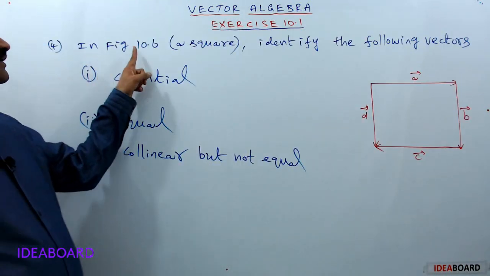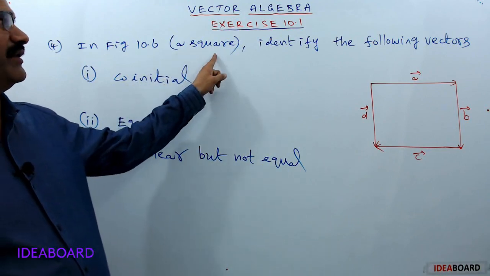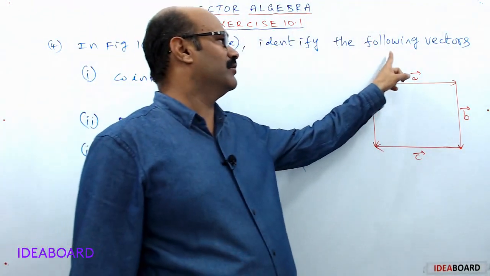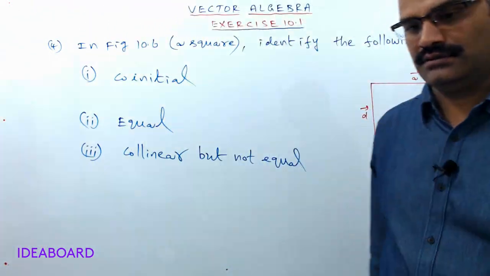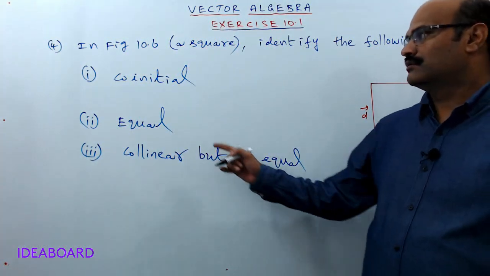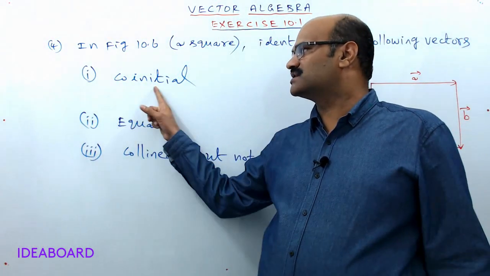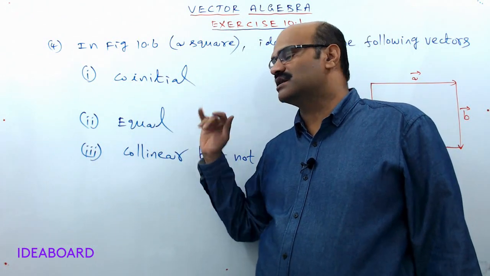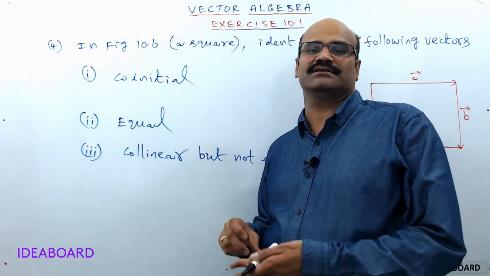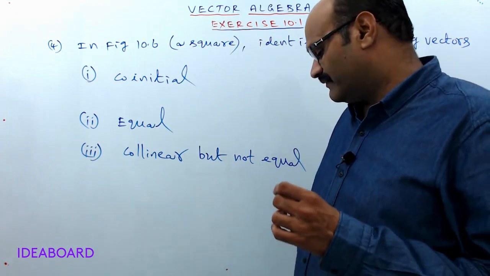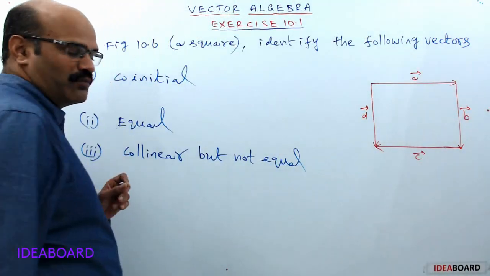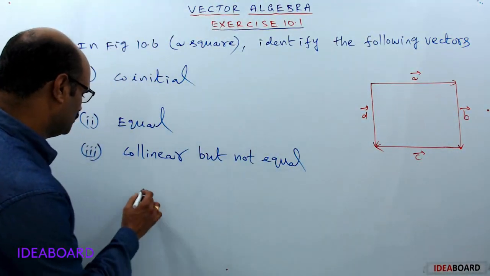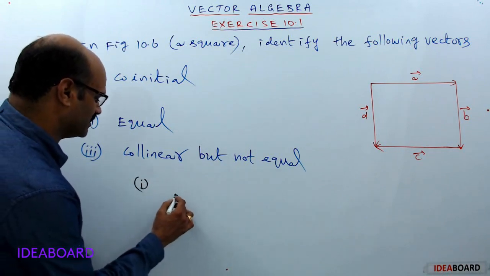Fourth problem, in figure 10.6, a square, identify the following vectors. First one, co-initial vectors. First of all, we should know what we mean by co-initial vectors. Co-initial vectors means if the vectors are having the same initial point, then those vectors are said to be co-initial vectors.